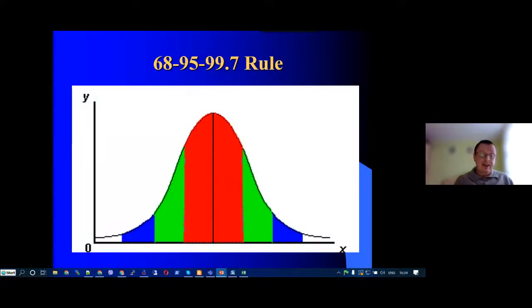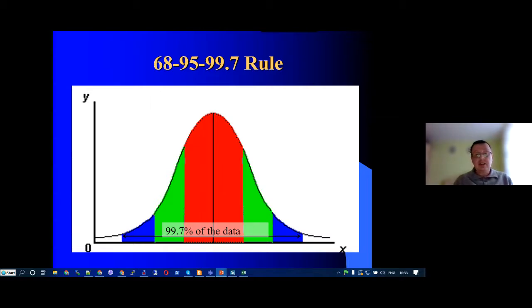So here is a general depiction of an ideal distribution which falls within the 68, 95, 99.7 rule, where 68% of data lies within one standard deviation from the mean value, or median, then 95% lie within two standard deviations from the median, and almost all data lie within 3 standard deviations of the center of the distribution. So that's the 68, 95, 99.7 rule.